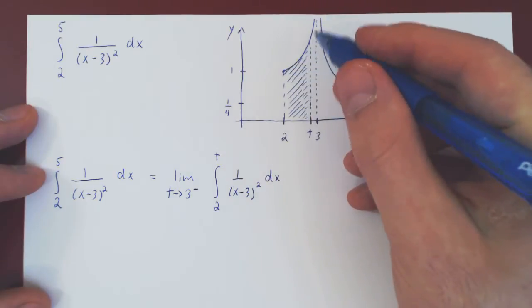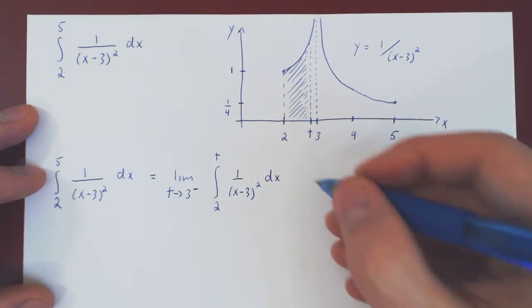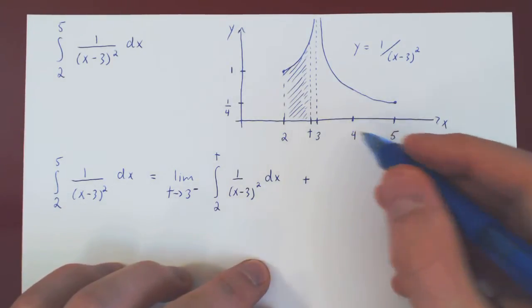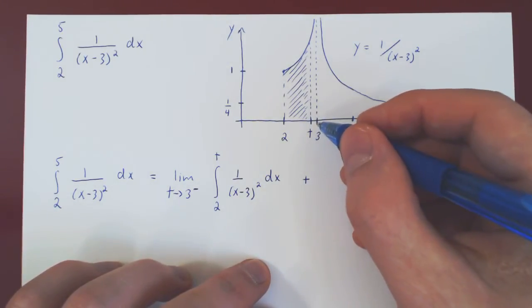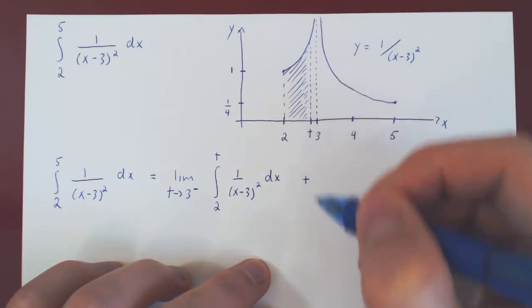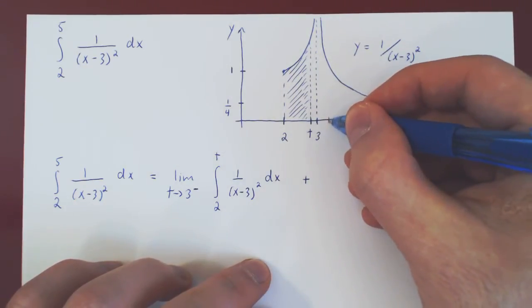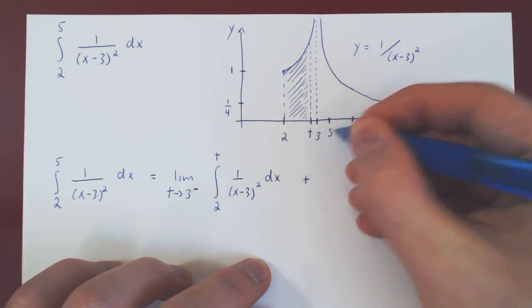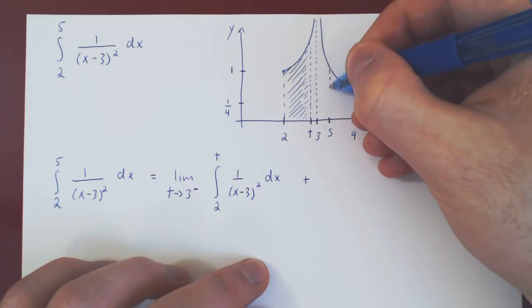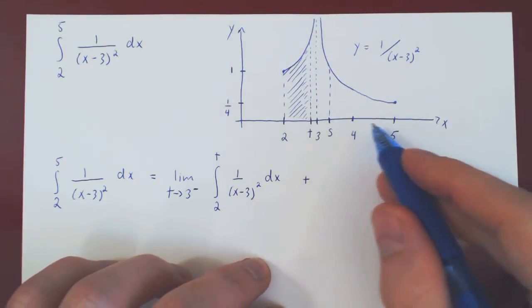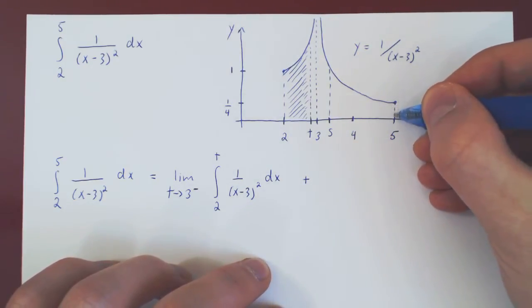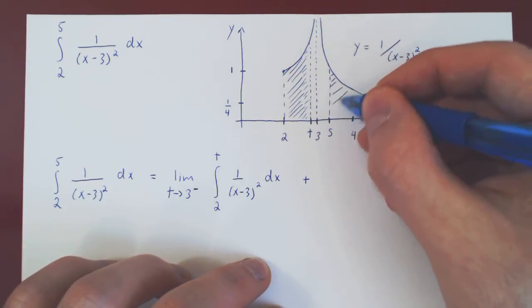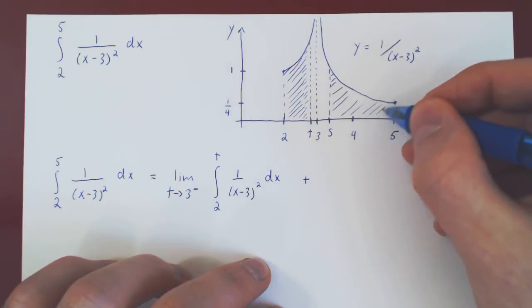So now we have the first half of our improper integral plus, what about the second half, from 3 to 5? Well, we can't start at 3 again, as at 3 we have an infinite discontinuity. So we have to avoid 3. We have to start a little after 3, say s. And now between s and 5, we no longer have a discontinuity, and so we can integrate no problem.